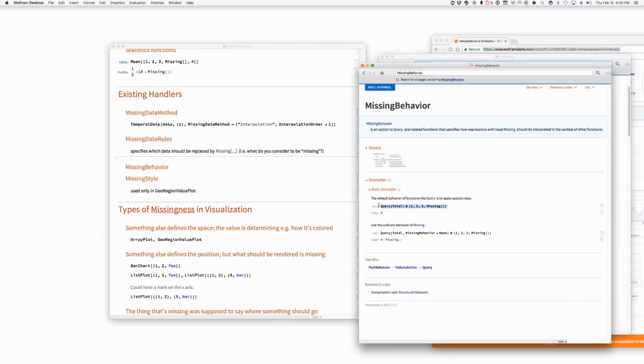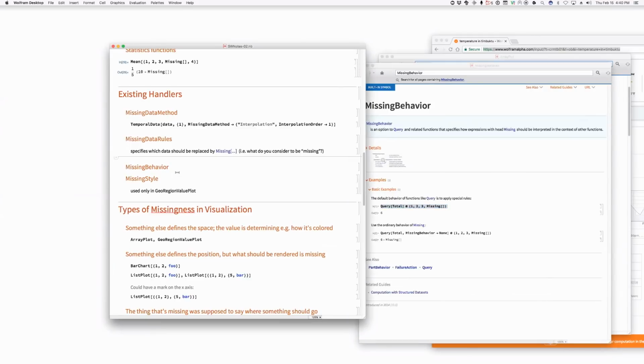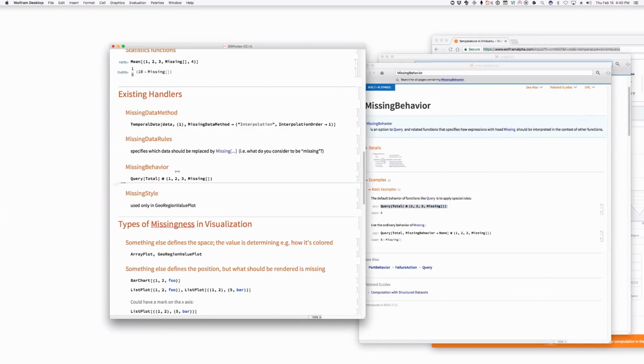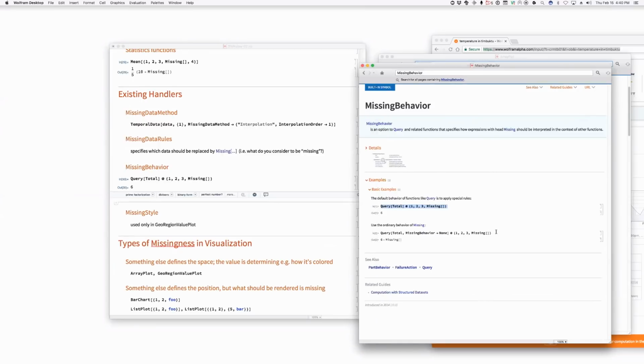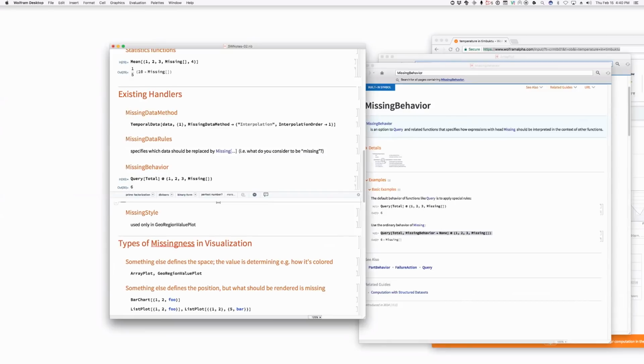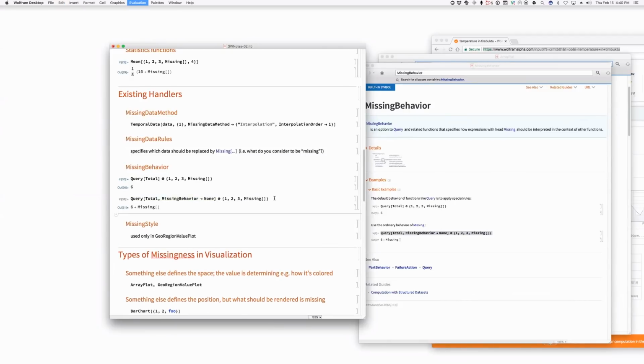That's funky. That's truly funky. So that is what's relevant for things like mean, right? So what's the default value? Automatic, I assume? Yes.